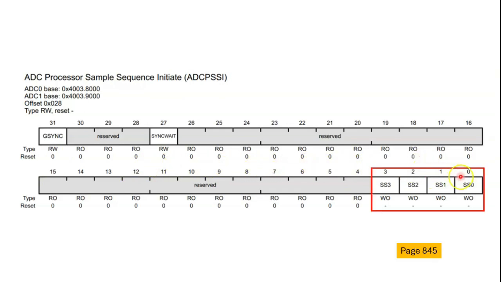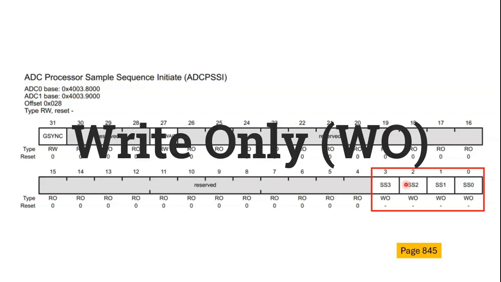Now, bit 0 to bit 3, that is SS0, SS1, SS2, SS3, these bits are used to control the initialization of the ADC sample sequences. I've shown this in the block diagram earlier. Now, these bits are write only, WO. They are used by the software to initiate the ADC sample conversion, but cannot be read back. All right, so these are write only.